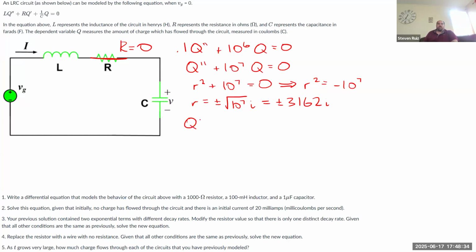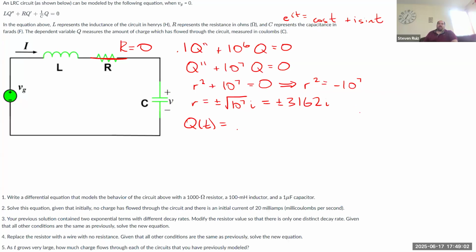So it's going to look like this. Q of t equals... just a reminder, what is e to the it equals what? Actually, let's put it in the margin. e to the it equals this Euler's identity, cosine of t plus i sine t, which is what we're going to rely on here.